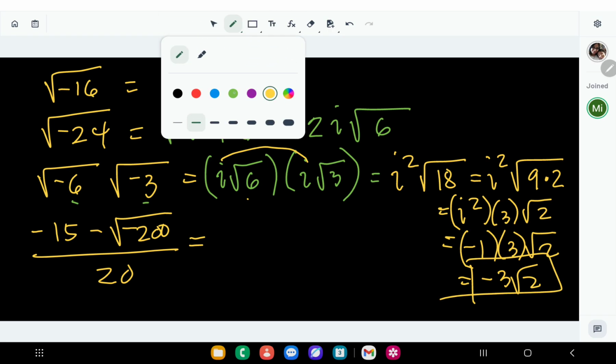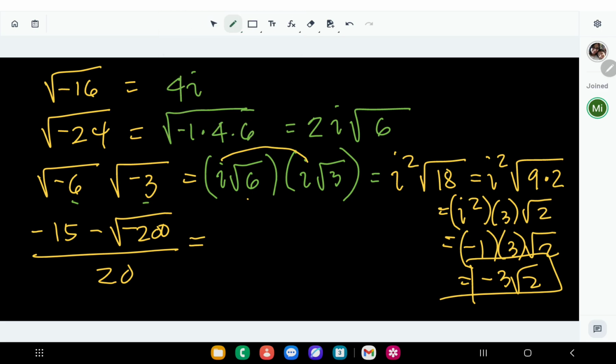Okay, how about the last one? Negative 15 minus square root of negative 200 over 20. Yeah, you can factor it. So this would become negative 15 minus, this is negative 200, right?